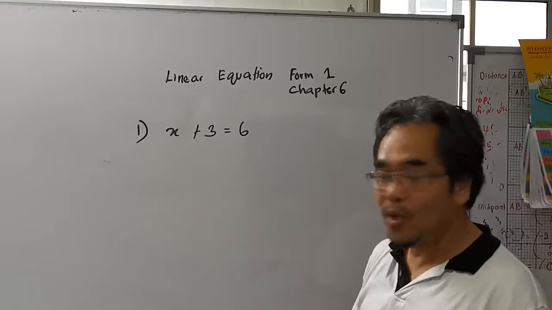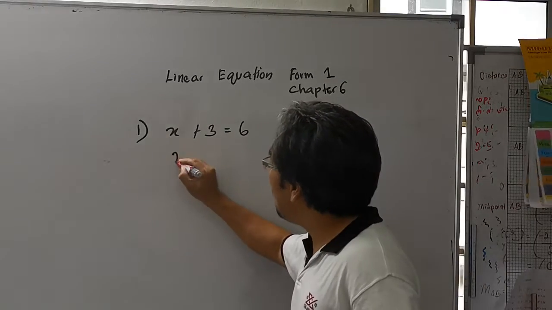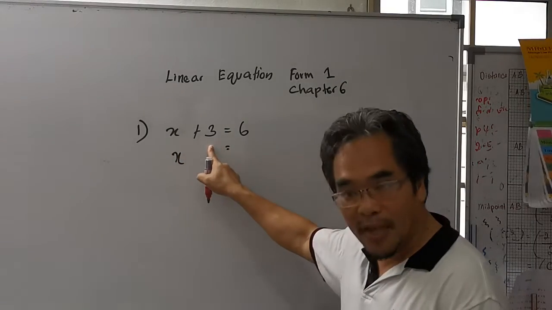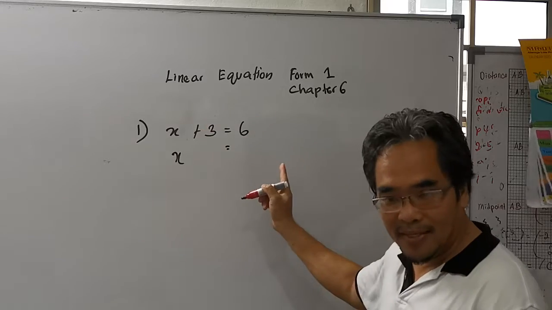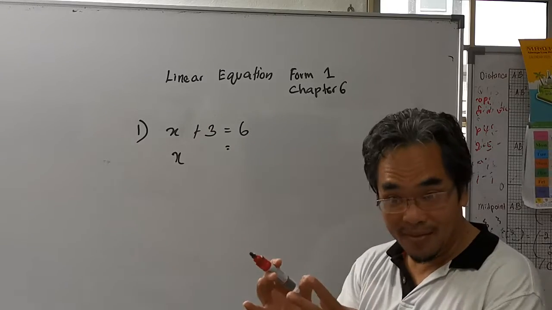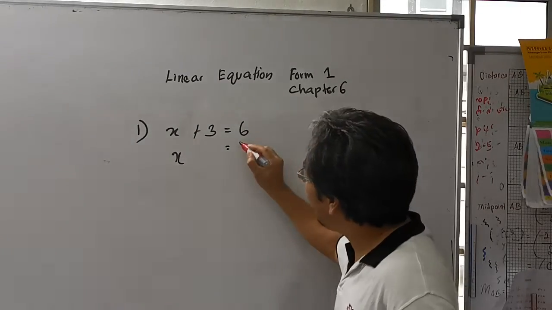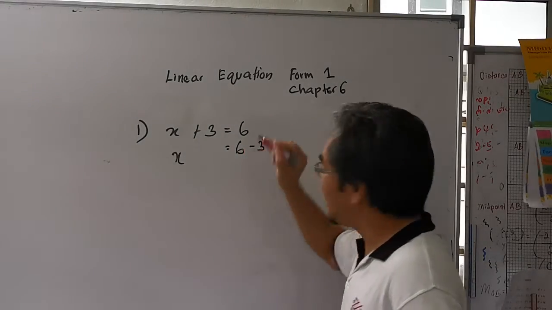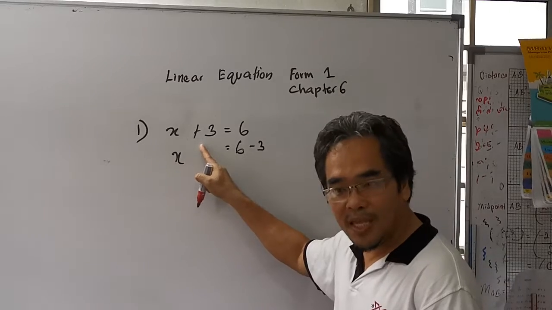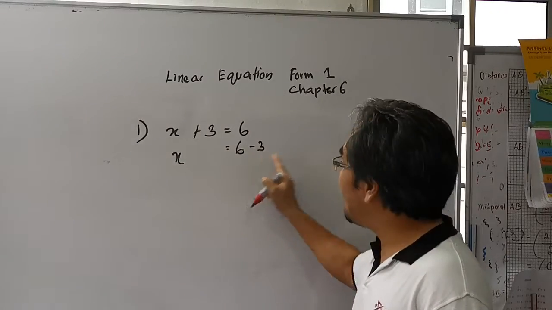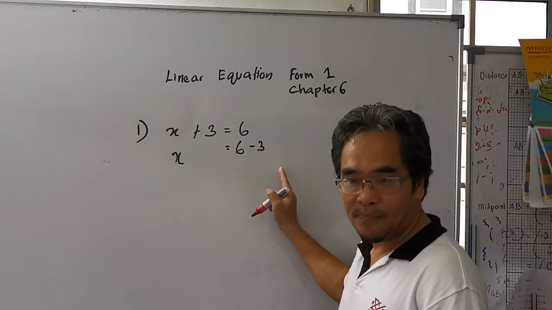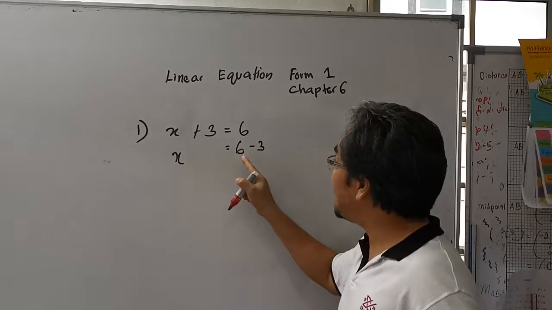So what I want you to know now is that you can move this value to the other side. It becomes -3. Positive 3 moves to the other side and becomes -3. So it's the same.